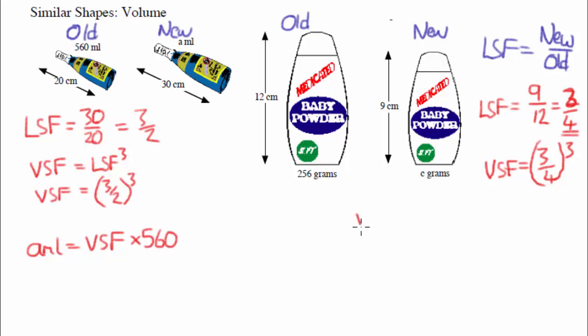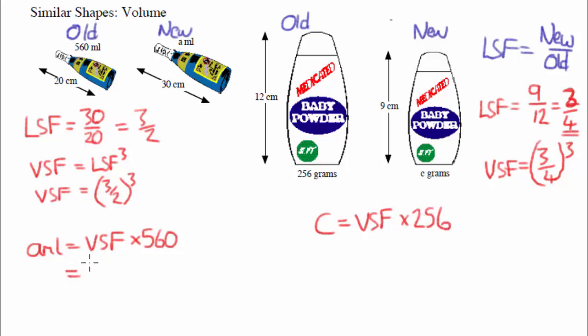This one is, this is what happens when you rush it, C is going to equal volume scale factor times 256.